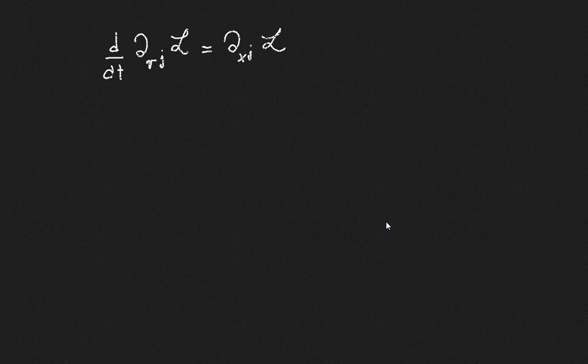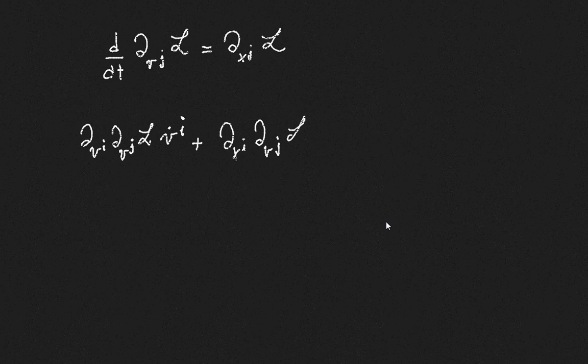Now, this is a function of x and v, so you apply the chain rule: the second derivative in v_i, v_j of L times v dot i, plus the mixed derivative in x_i, v_j of L times x dot i.